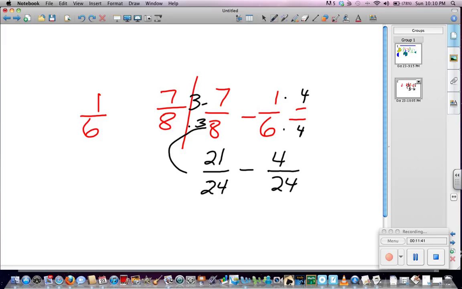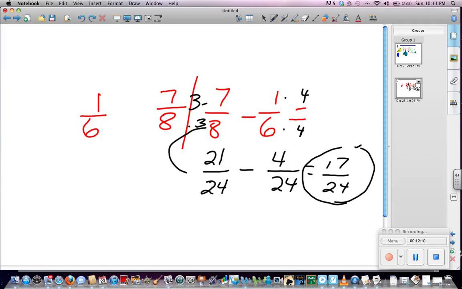And so 1/6 is the same as 4/24. So 21/24 minus 4/24 is going to leave us with, let's see if I can do this, 17/24. Once again, 17 is a prime number, and since 17 does not go into 24, we are finished with that problem as well.